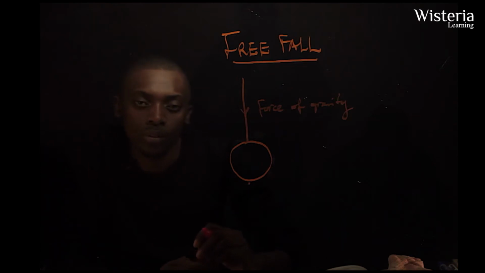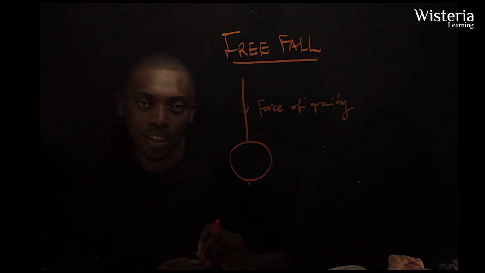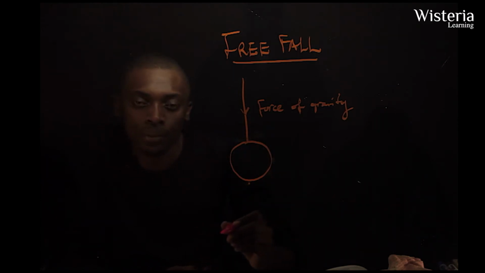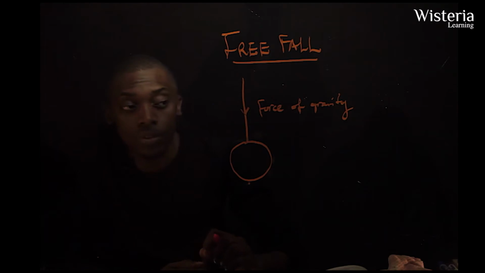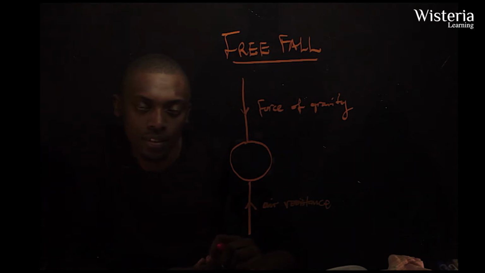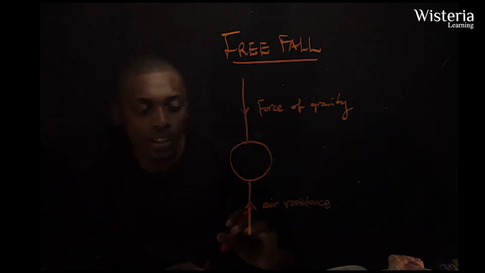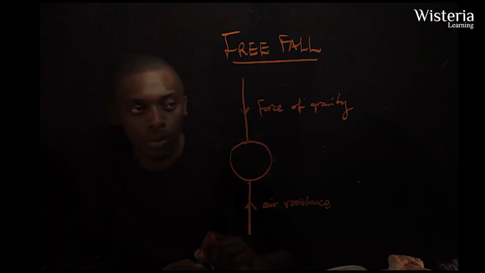The force of gravity is exerted on an object and causes it to fall down through the air, and it acts downwards. Another force that acts on an object as it falls is air resistance. It acts upwards, opposite to the force of gravity. So mainly these are the two forces that act on an object.